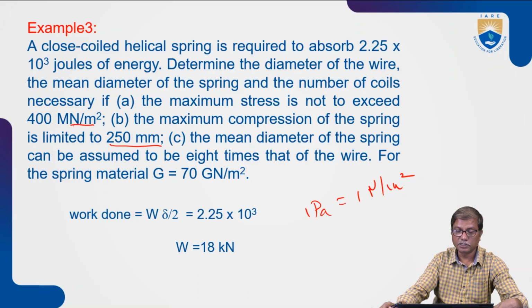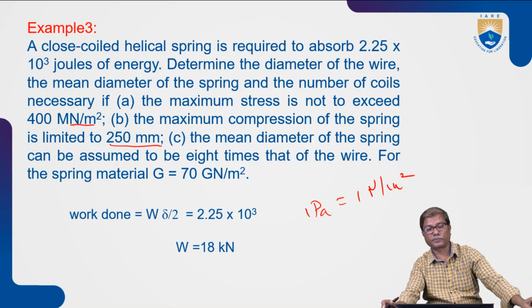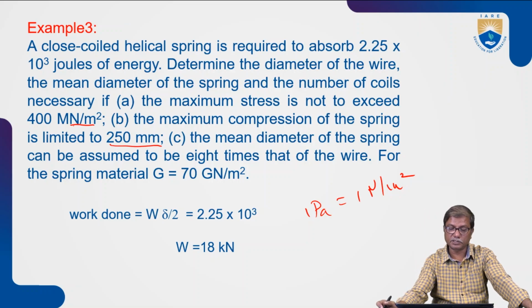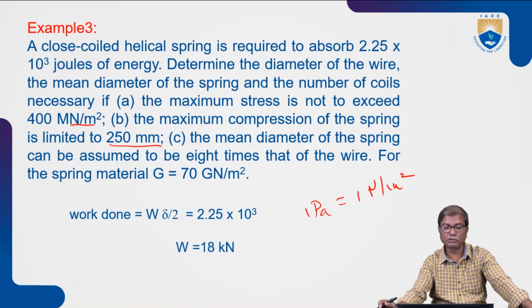Mean coil diameter is 8 times that of the wire diameter, and the rigidity modulus for the material of the spring is 70 giganewton per meter square or gigapascals.